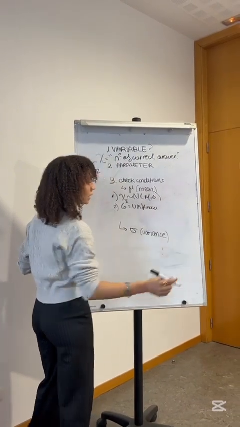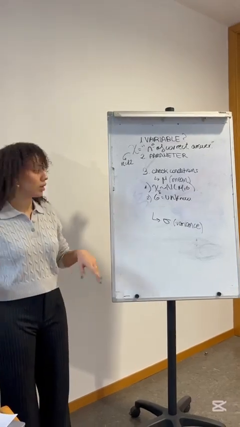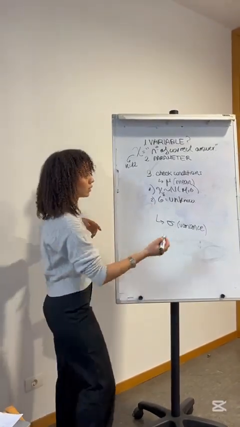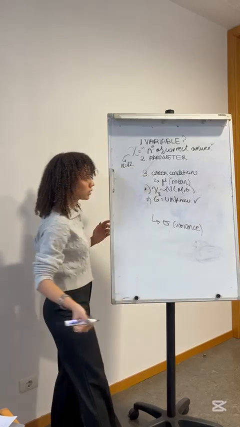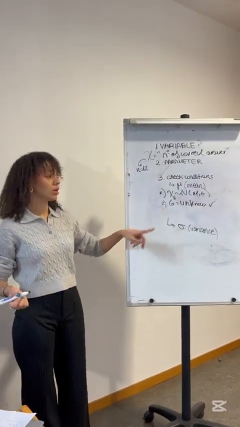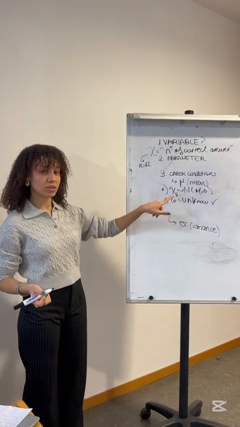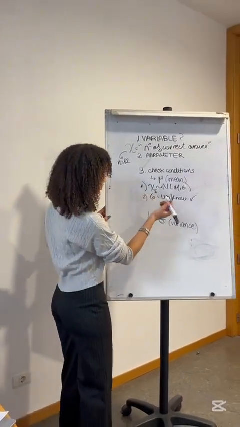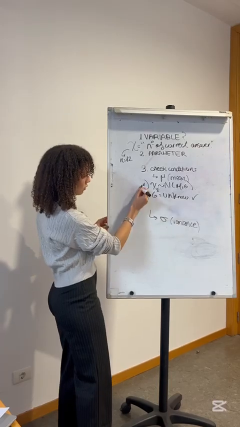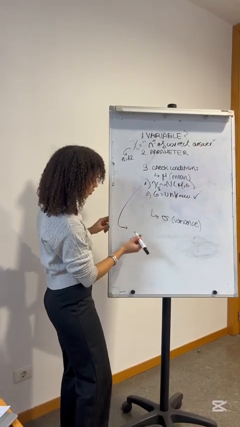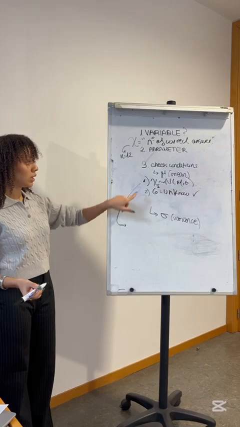In the statement it says nothing about this value, so we know that this condition is met. But to see if the other condition is fulfilled, we have to see if it's normal.